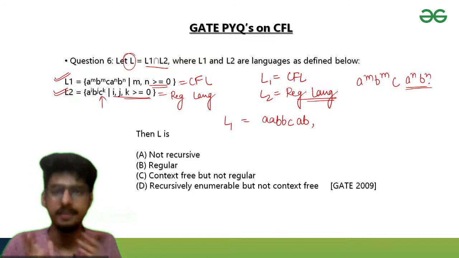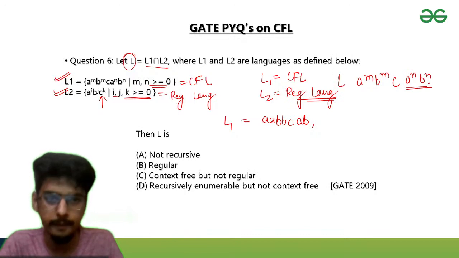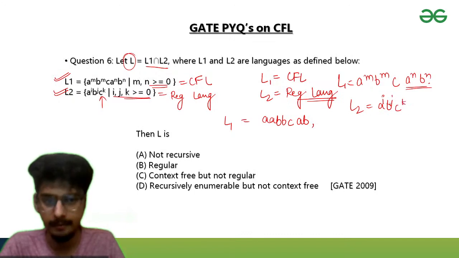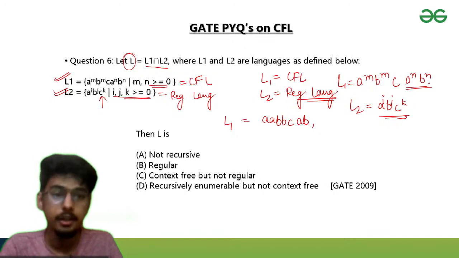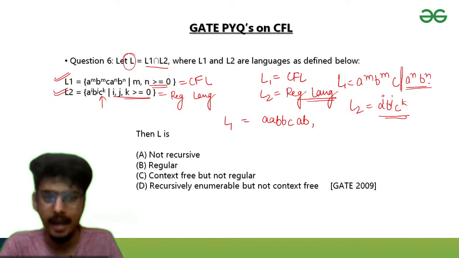In the case of intersection, I want to compare the intersecting language. This is for L1, and in L2 I can have anything, a^i b^j c^k, but only till C I can have anything, right? So what will be the intersecting language?